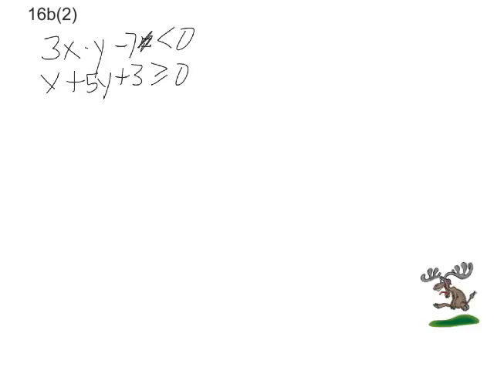So first off, let's write this in slope-intercept form, because I find that easiest to graph. So the top equation becomes y is greater than 3x minus 7.